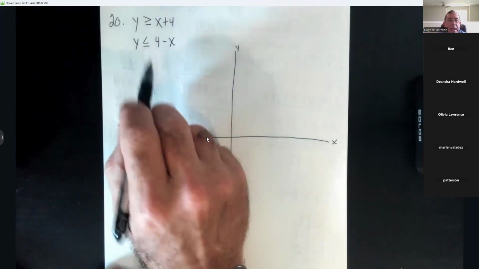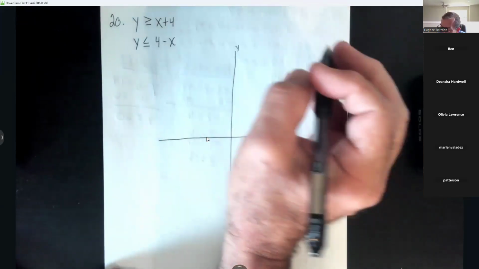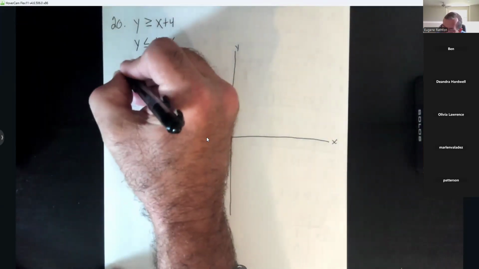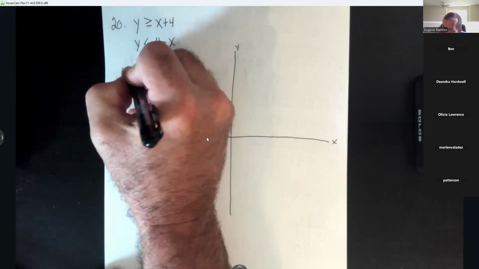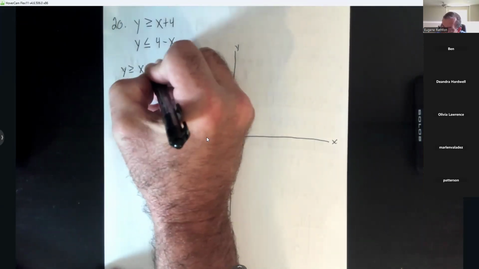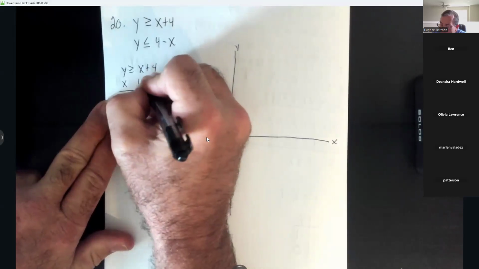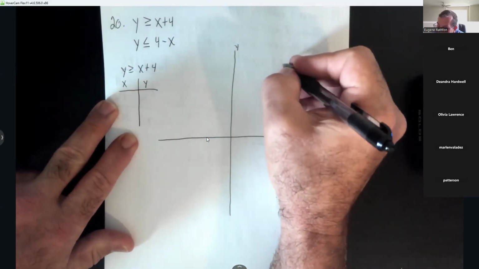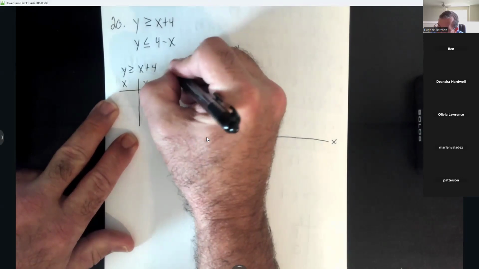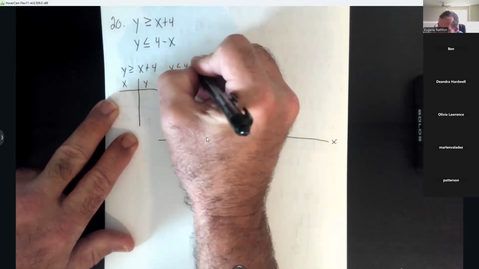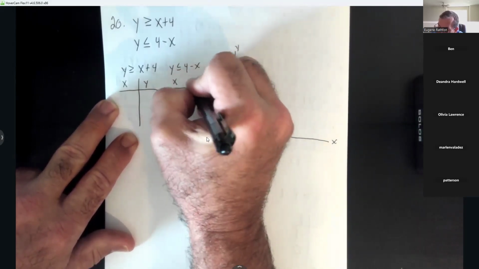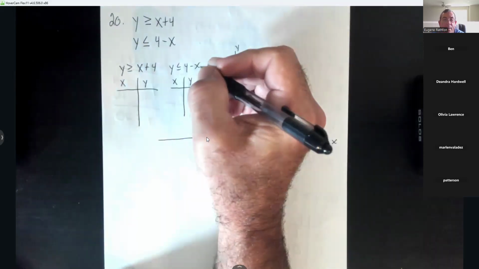All right, so let me see what kind of numbers I get, and then I'll see if I want to make this bigger or not. So I'm going to do this one first. I'm going to set up an X and Y table for it, and then I'll do the Y less than or equal to 4 minus X, and set up an X and Y table for it.